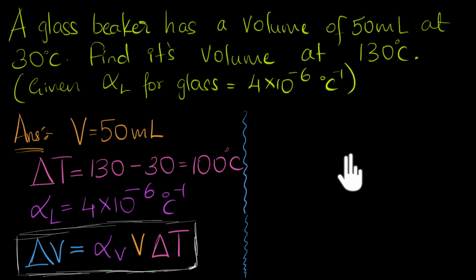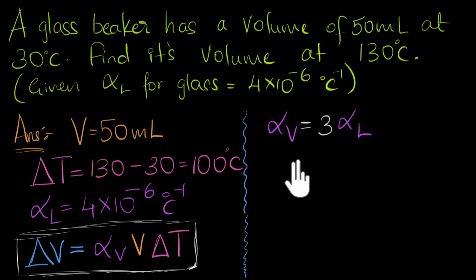Well, in a previous video, we actually derived that alpha V is just 3 times alpha L. And if you're interested in seeing this derivation, you can again go back and watch that video. But anyways, now, since we know this, we can just substitute and calculate. Let's do that. So delta V is going to be alpha V, which is just 3 times alpha L. And alpha L is given to us.